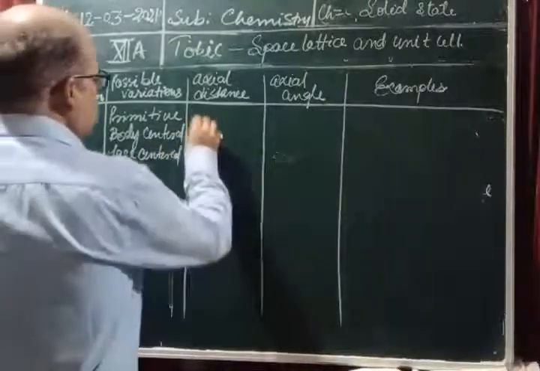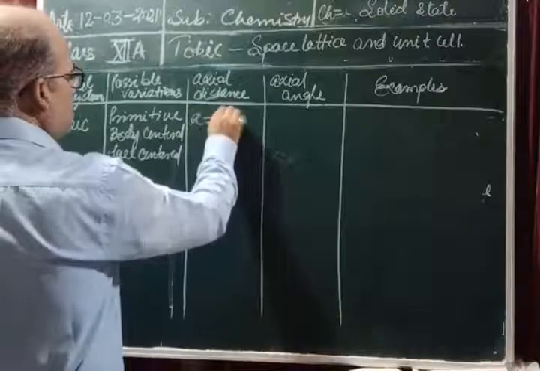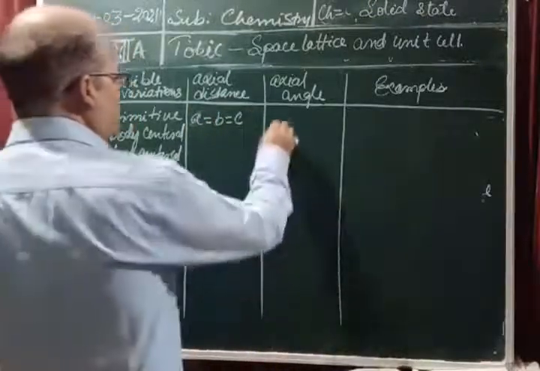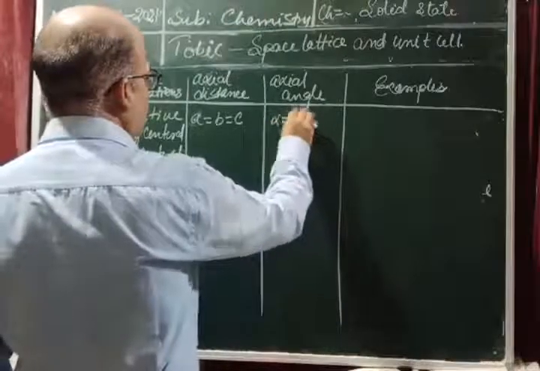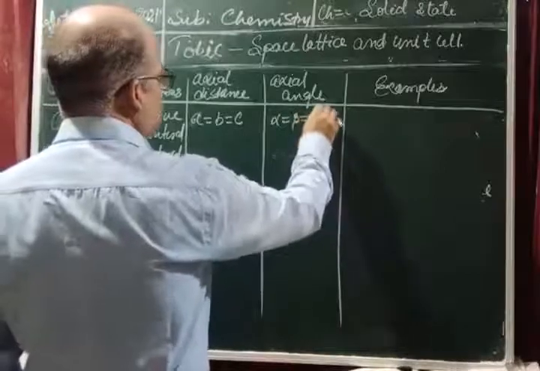In this case, A will be equal to B, B will be equal to C, and axial angle alpha will be equal to beta, and beta will be equal to gamma.